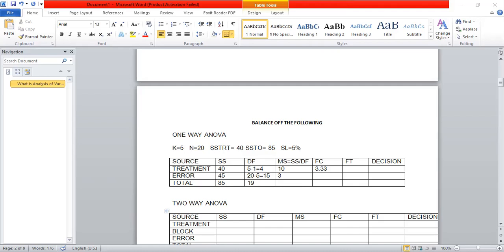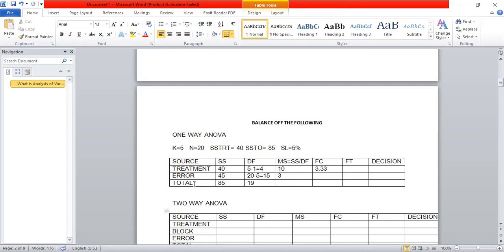What is our level of significance in this case? 5%, isn't it? So to read this table, we go on 5%, 4, 15. So let's go to the table there.